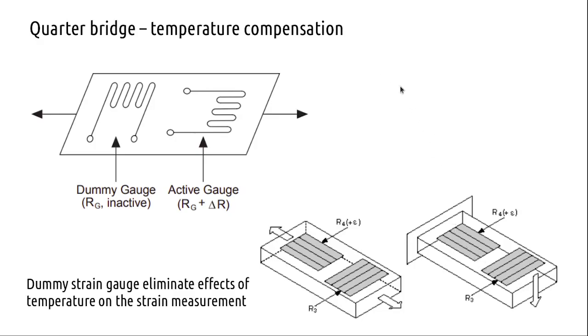So if they are mounted in adjacent arms of the Wheatstone bridge, the temperature is going to produce the same amount of resistance change in both. So the ratio of resistance is going to cancel out. They are identical in all respects. That is what we assume. That is the idea there.